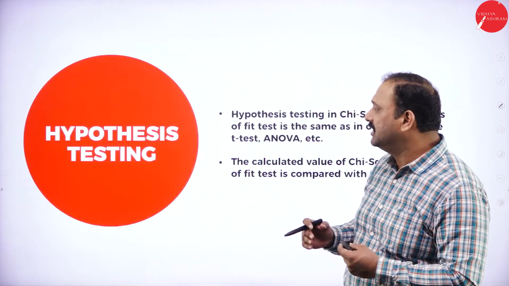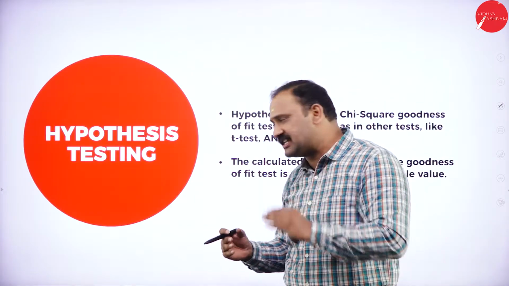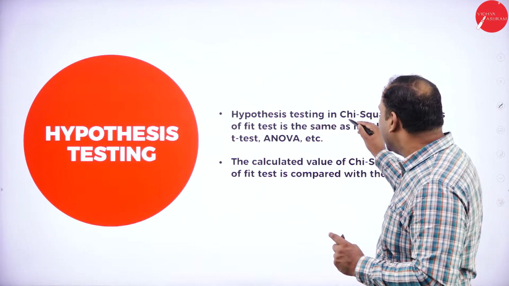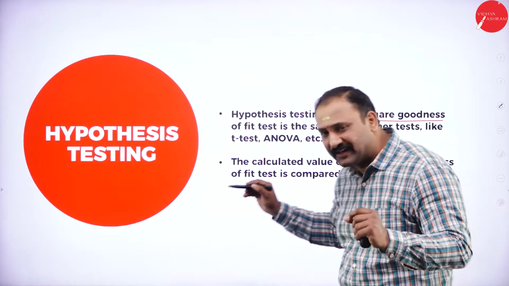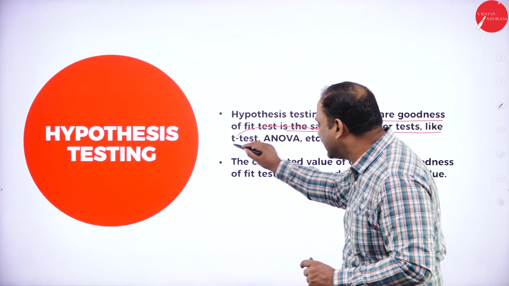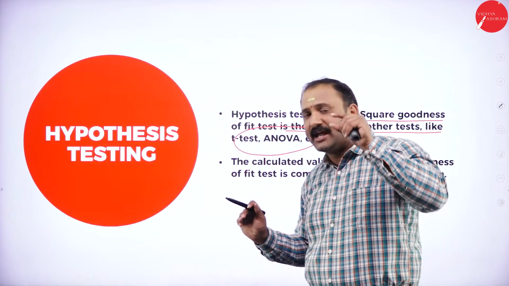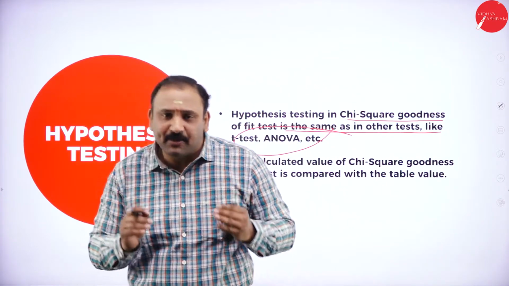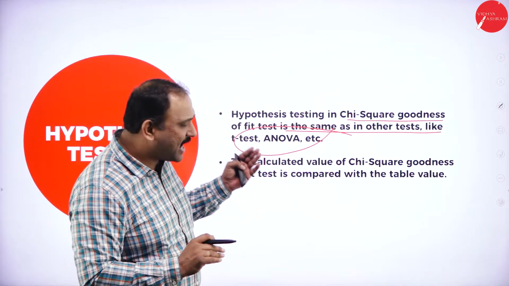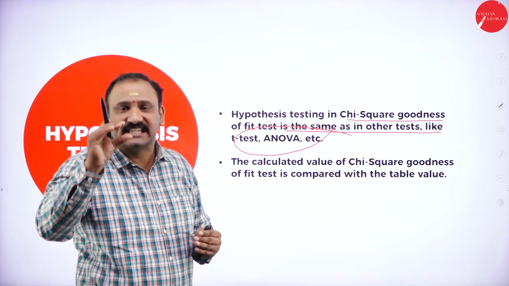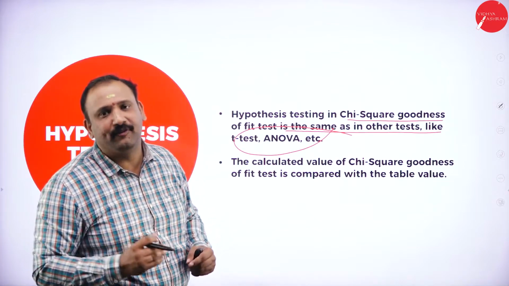Now moving further, the hypothesis testing. Why does it matter a lot? The hypothesis testing in the chi-square goodness of fit test is the same as in other tests like the t-test or ANOVA. When I use the word hypothesis testing, I am going to find out whether the hypothesis being written for the research is correct and proper in value. Why?